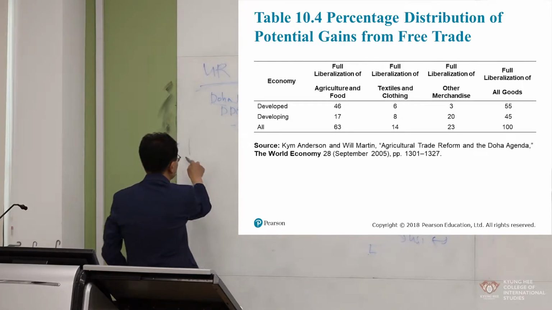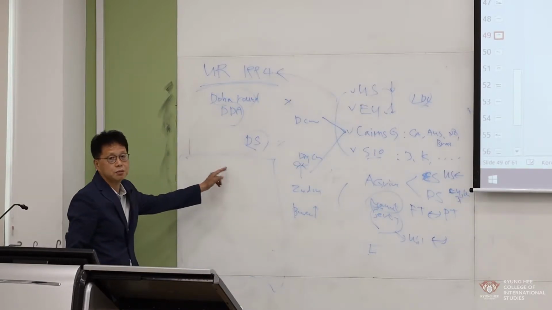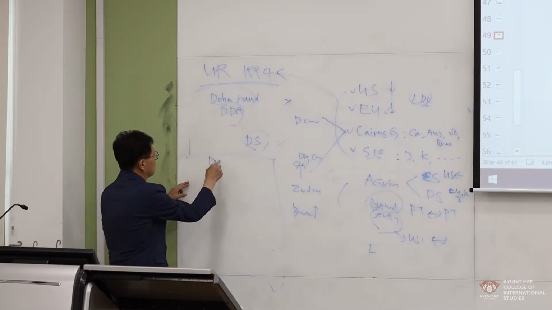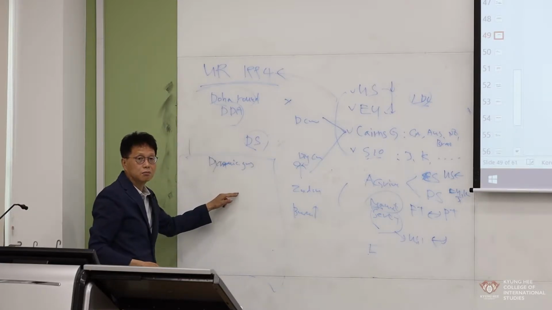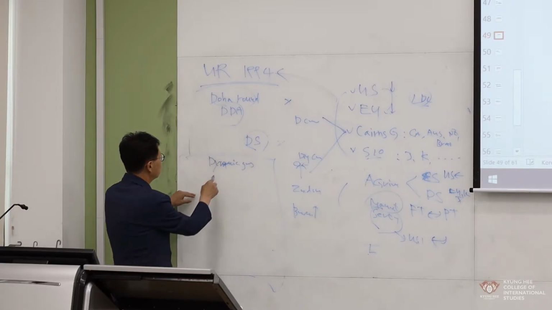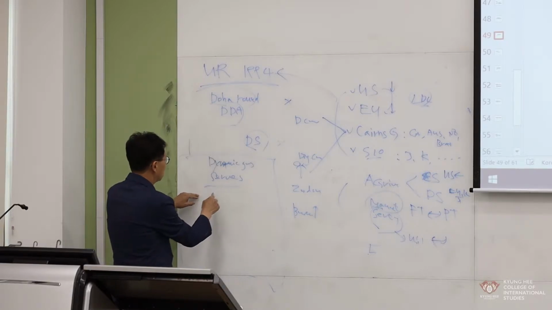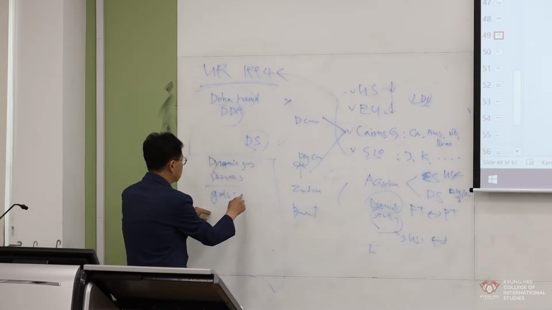So if I'm also a specialist expert in this area, most benefit comes from dynamic gains, right? Number two gains come from services, right? And finally, goods, agriculture and manufacturing.